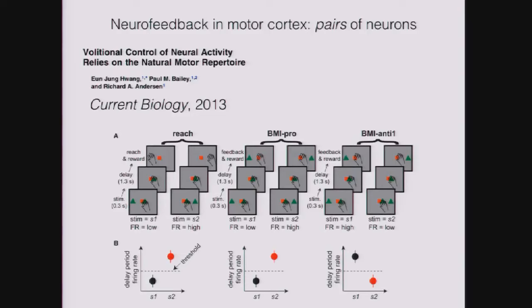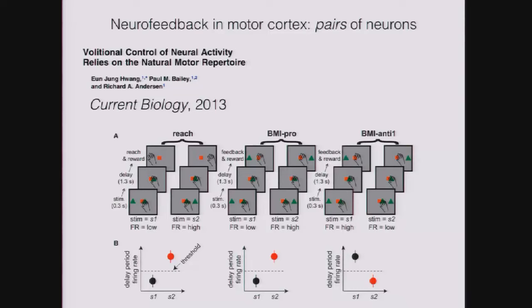So they had an animal perform a real reach, and then they had a BCI task, left or right, using a single neuron. And then they had the animal switch the contingency, so now it's an anti-BCI movement. Cursor appears on the left. You have to intend a movement to the right in order to drive the cursor to the left. It's a clever dissociation that had been used in hand control before, but not in BCI control.